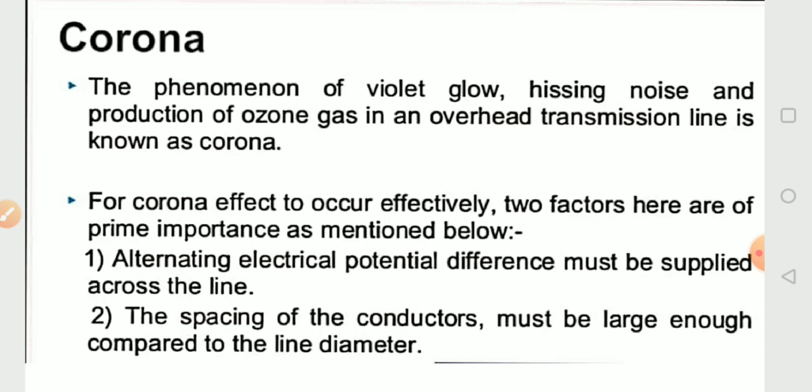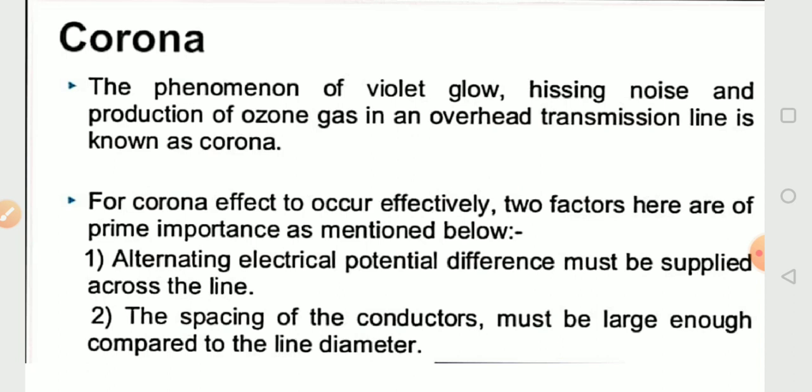As the intensity at the surface of the conductor is maximum, the air near the surface will become ionized due to the electrical potential of the conductor. The air comes in contact with this electrical potential and becomes ionized.